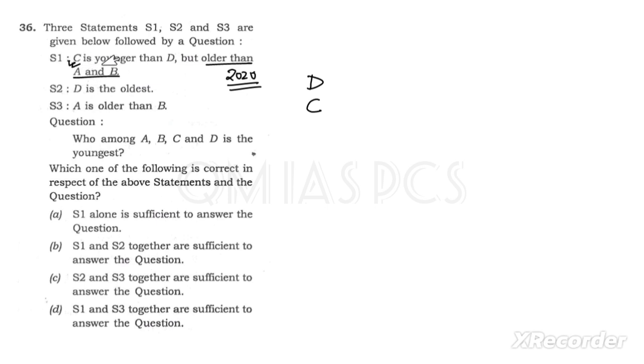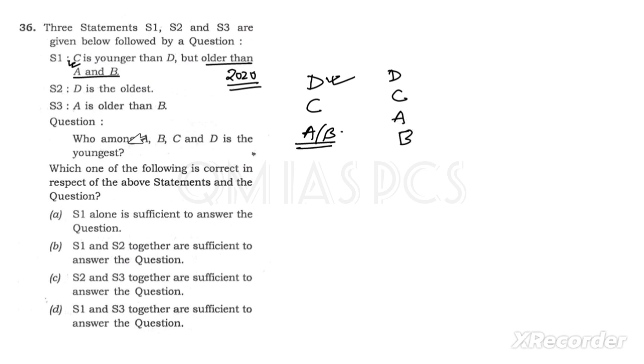That's C. C is younger than D but older than A and B. That means A and B should be here. We don't know the order of A and B. D is the oldest. We have represented this. A is older than B. That means we can say D, C, and then A and B.